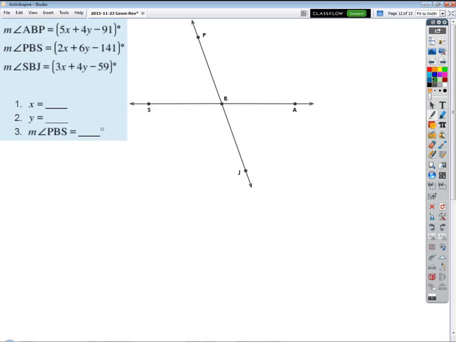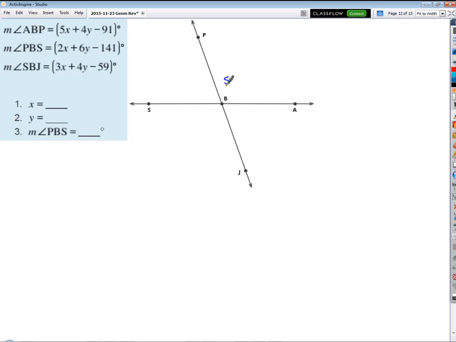We had the measure of angle ABP, that's this upper right one, is 5x plus 4y minus 91. PBS is the upper left, that's 2x plus 6y minus 141. And SBJ is the bottom left, that's 3x plus 4y minus 59.